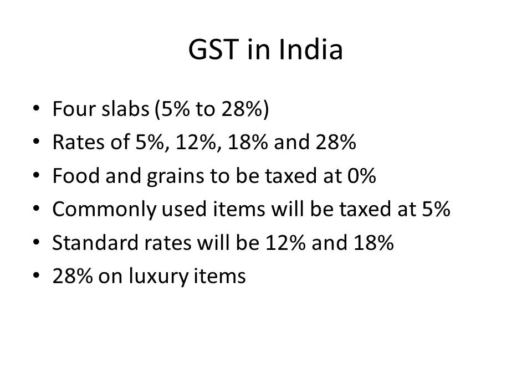As far as GST in India is concerned, there are 4 slabs ranging from 5% to 28%. The normal rates are 5%, 12%, 18%, and 28%. Most importantly, food and grains are taxed at 0%, and commonly used items will be taxed at 5%, and the standard rates will be 12% and 18%, and the GST on luxury items will be 28%.